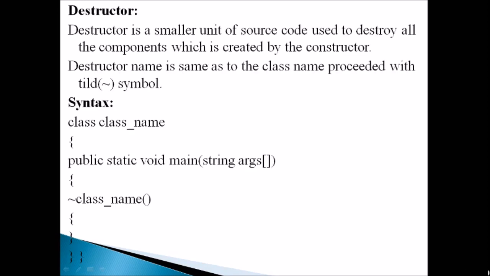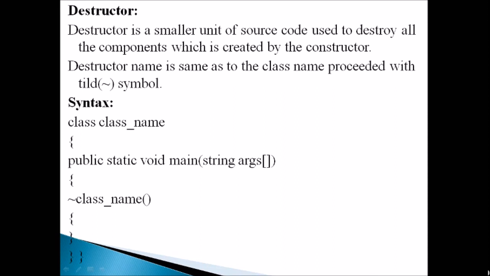The next thing is the destructor. A destructor is just the reverse of the constructor. While we create the constructor, it will create all the components needed by the class, isn't it? Whereas while we execute the destructor, all the created components of that particular class will be destroyed.